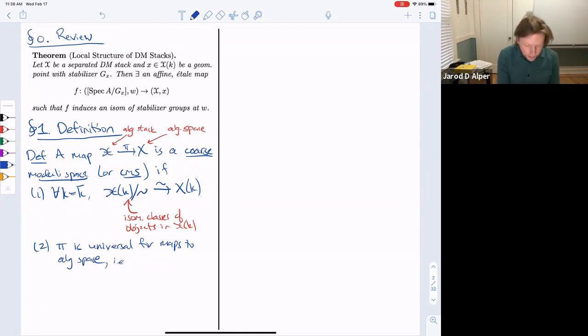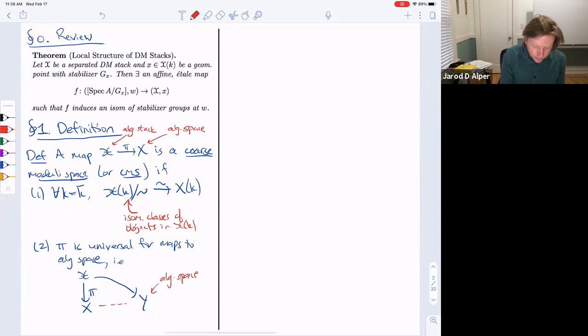In other words, if I have my morphism π to X, and I have any other morphism to Y, where this is also an algebraic space, then there's a unique map. Right, so this is the definition.